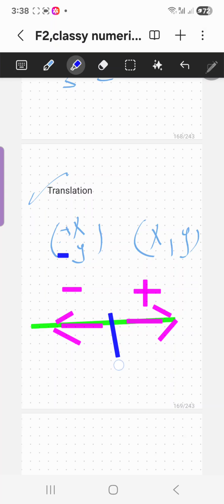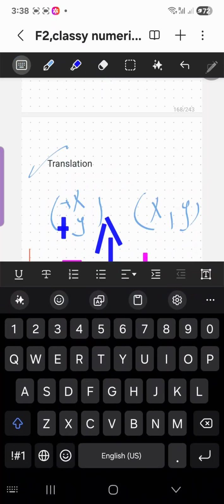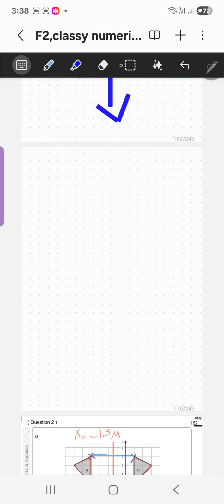If it's negative, it's moving down vertically. And if it's positive, it's moving up. That is the easiest one, the translation, because it's clear, and we are going to see the questions now. The last part from rotation, enlargement, translation, or reflection.